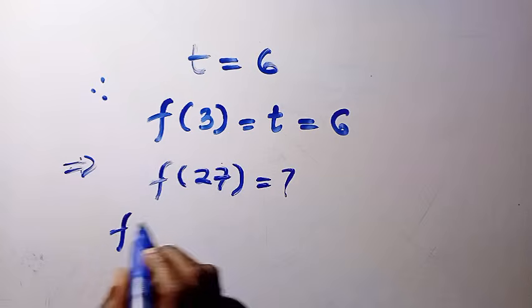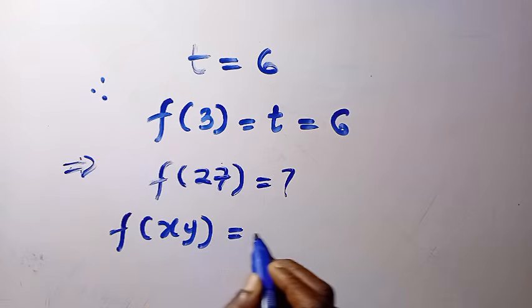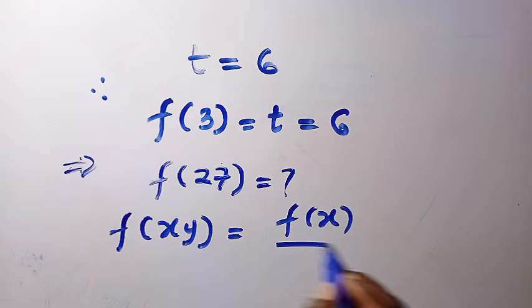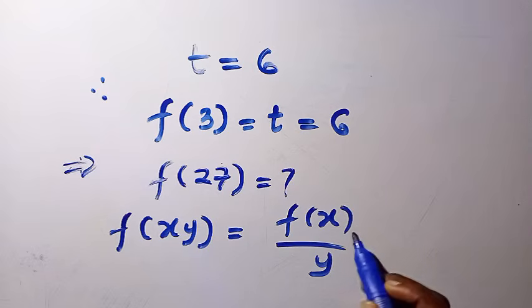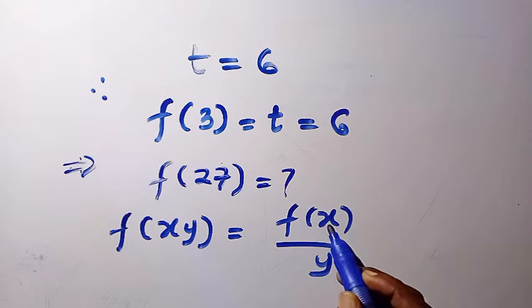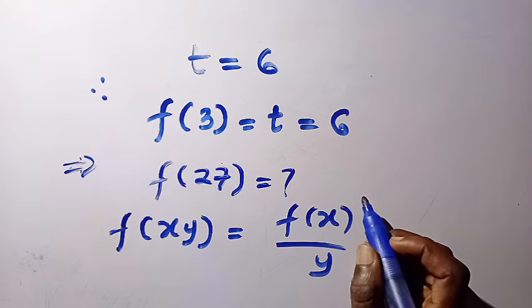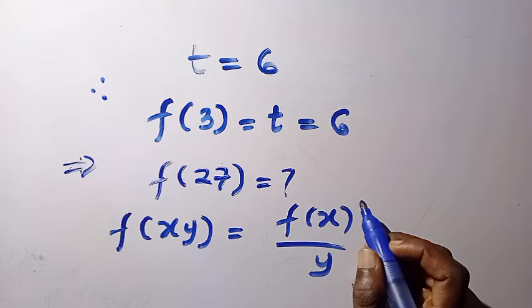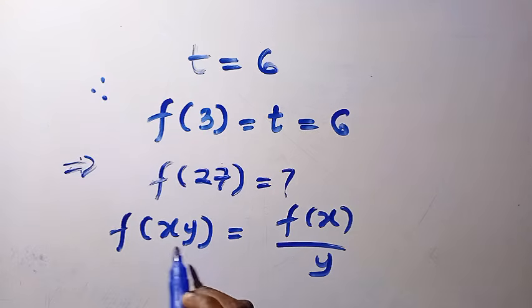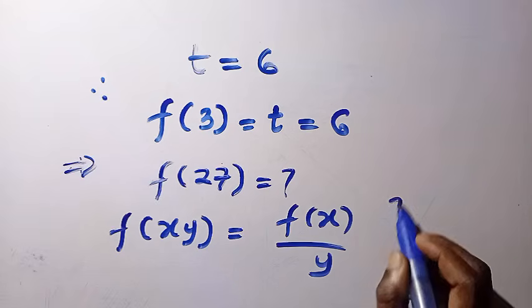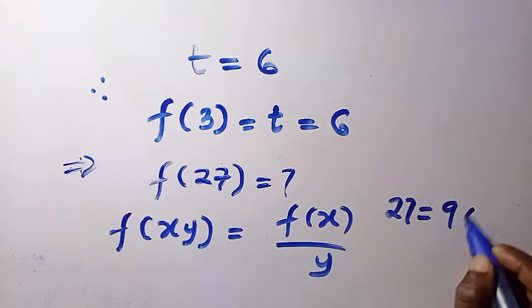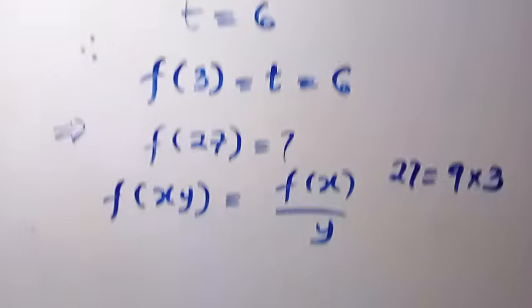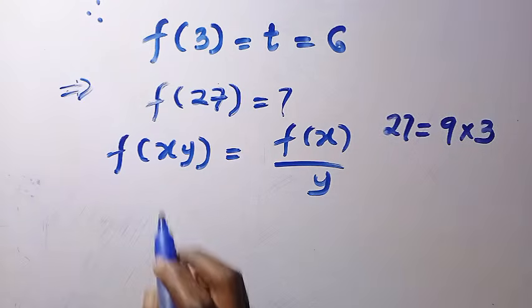Since f of xy equals f of x over y, we know the value of f of 9, and we also have f of 3. So we have to distribute this, since 27 equals 9 multiplied by 3. So we choose wisely between x and y.